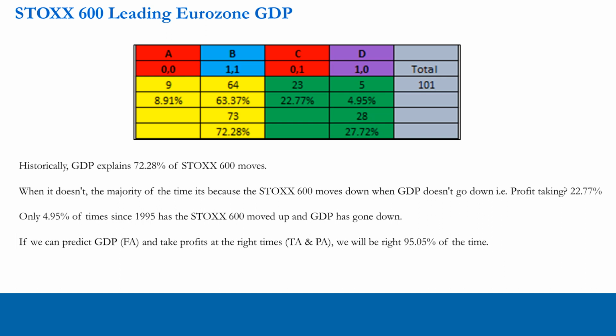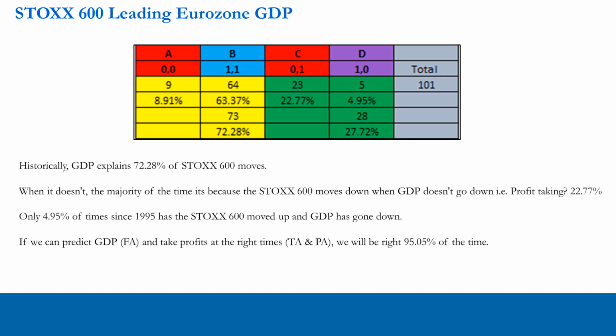So they're moving in the same direction. When they don't move in the same direction, the majority of the time, it's because the Stoxx 600 moves down when GDP doesn't go down. So again, we have this profit-taking scenario. So you can see the numbers are very, very similar to the S&P 500 and US GDP.